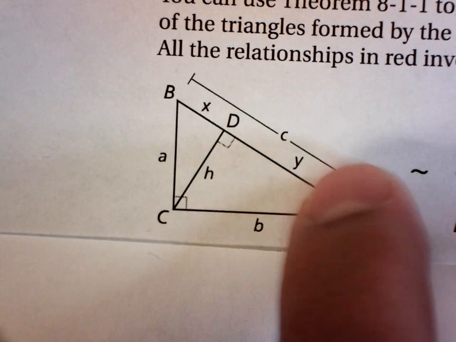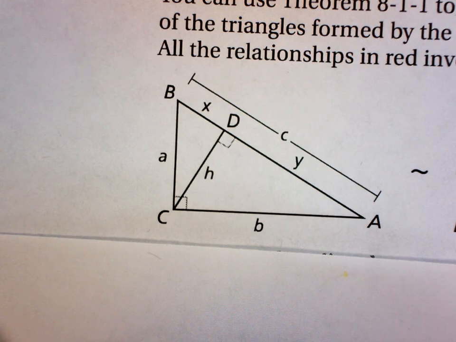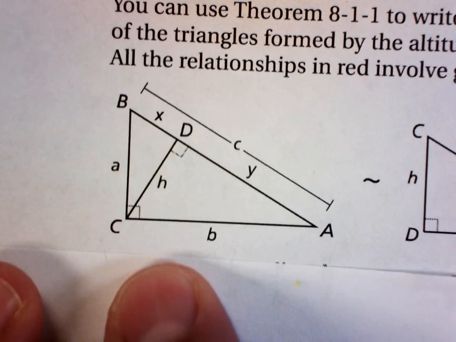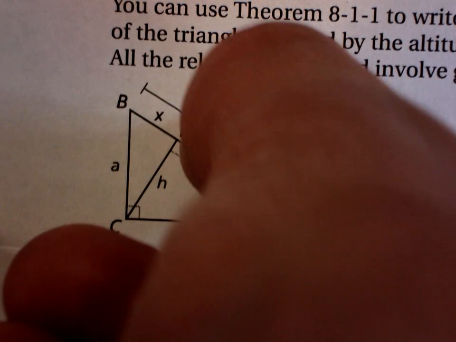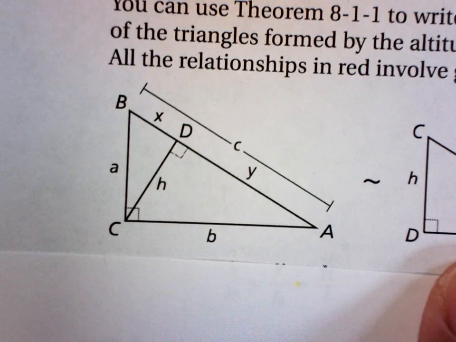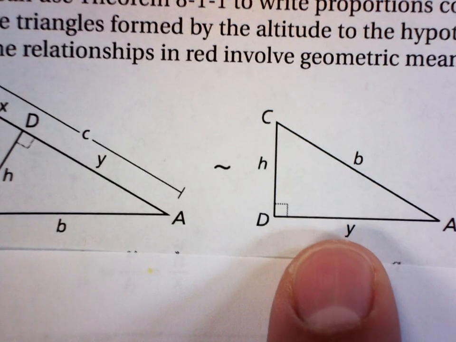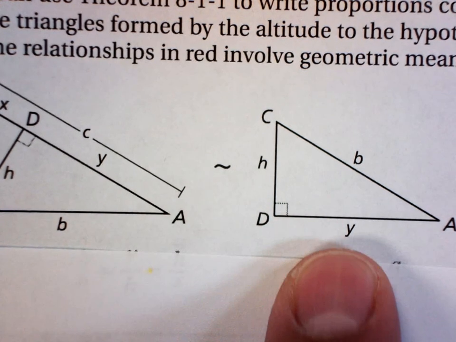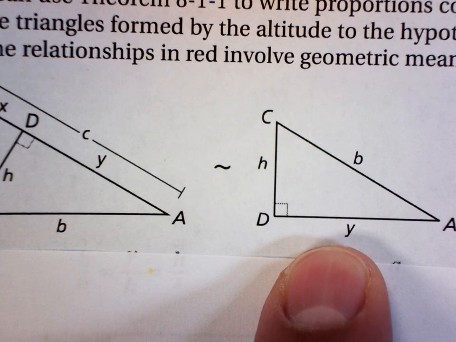And when I do that, all three of these triangles are similar to each other. So now if I take this triangle, ADC, and I separate it, and I flip it, so now it's lying in the same orientation as my original, there it is. So I just took out this little triangle, ADC, and I wrote it here on the same orientation as the original so I can compare my like sides.